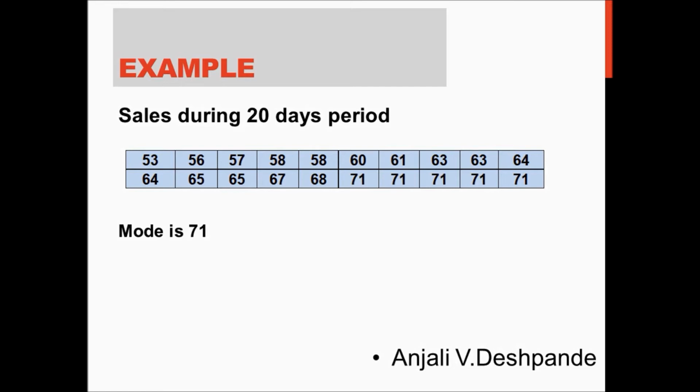But now, we are going to calculate this mode by making use of the formula for grouped frequency, and we shall also see what is its significance, because even though we have used the definition and said that mode is 71, by looking at the observations, we can come to know that actually many of the points in this data are less than 70, although we are saying that mode is 71.